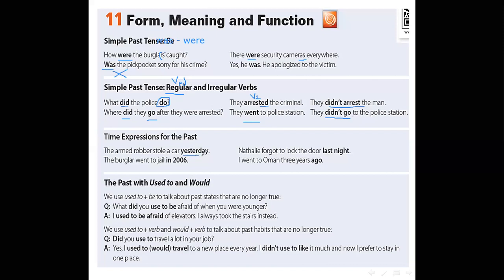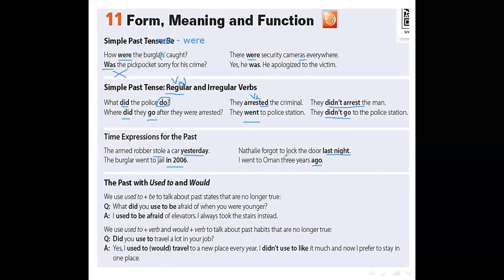Okay, what are the time expressions for the past? They are yesterday, last week, last night, last day, ago, and any date in the past. Okay? For example, the army trooper stole a car yesterday. Stole is the simple past tense from the verb steal. It's an irregular verb. Excellent.